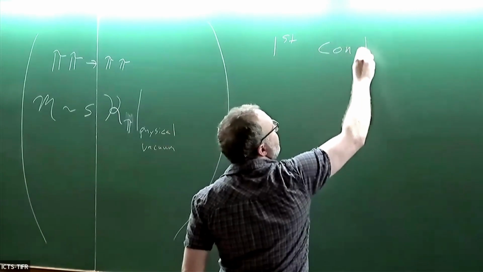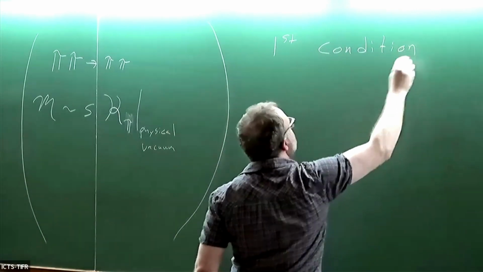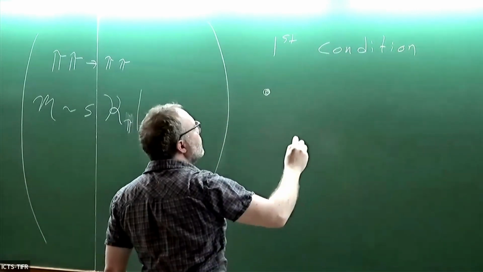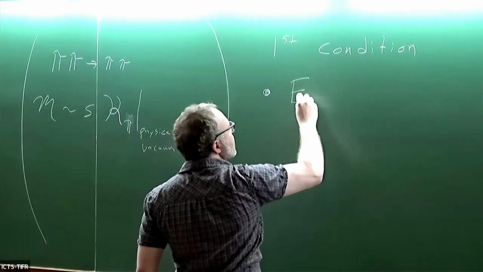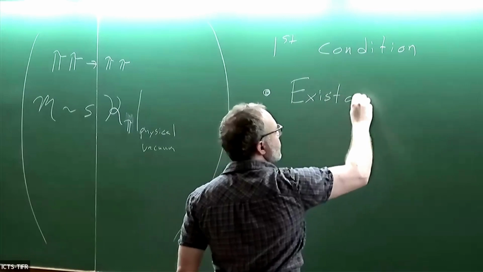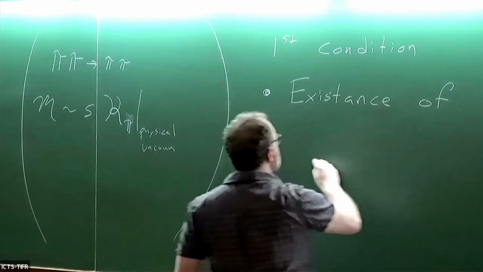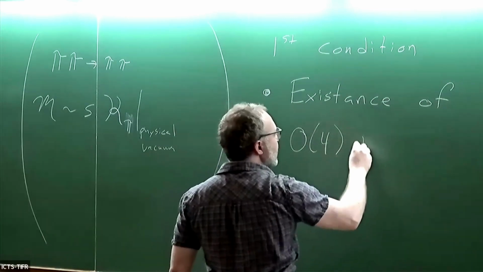So we already have one condition we talked about last time, which is that we need to be able to find the existence of this so-called O4 invariant fixed point.